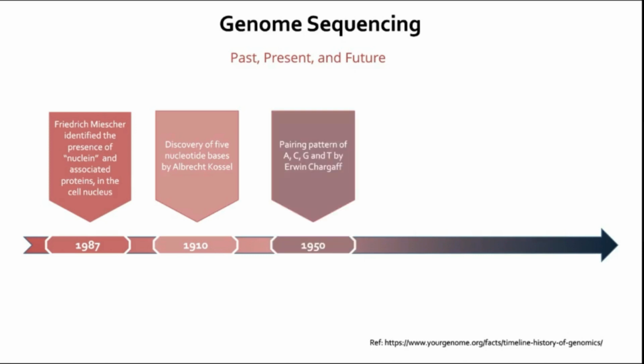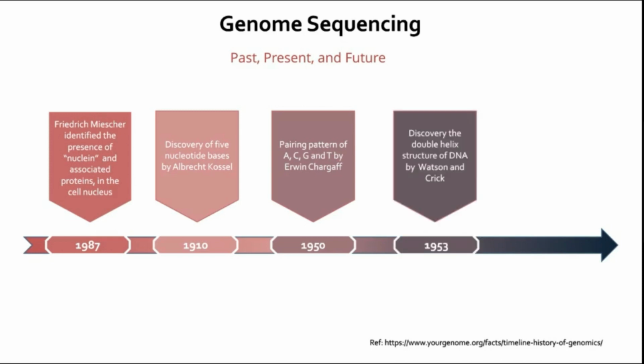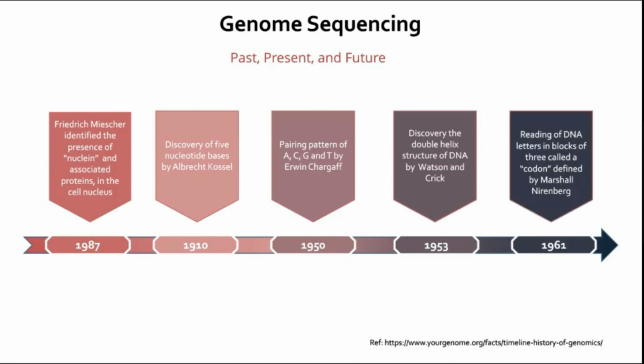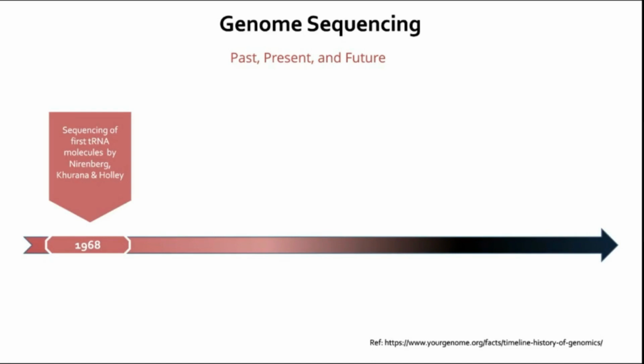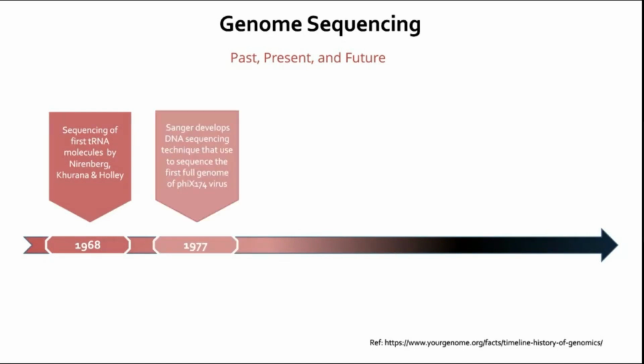Coming to 1950, we got the patterns of the ATGC, then the discovery of the double helix in 1953, and the concept of the codon in 1961. Then in 1968 we got the first tRNA, and in 1977 Sanger developed the first DNA sequencing technology, which is a very important point. I just want to put it there.